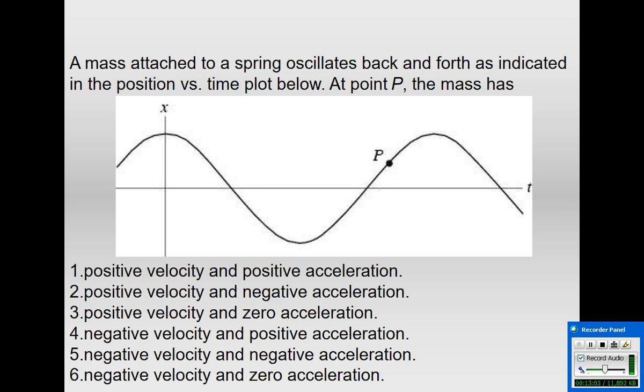Stare at that. Ask yourself, as we progress through time and we are at point P, what must be the sign of the velocity? What must be the sign of the acceleration? As always, if you're not sure of your answer, ask questions at the start of class.